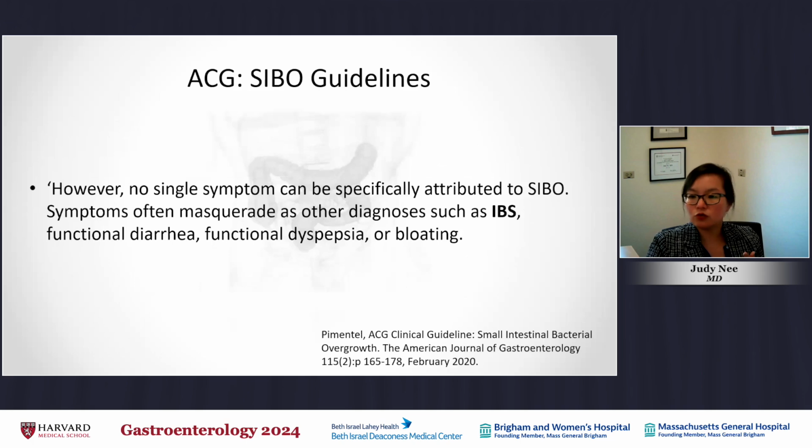So what do the major societies tell us, right? ACG, in their SIBO guidelines, I'm quoting here: no single symptom can be specifically attributed to SIBO. Symptoms often masquerade as other diagnoses such as IBS, functional diarrhea, functional dyspepsia, or bloating.